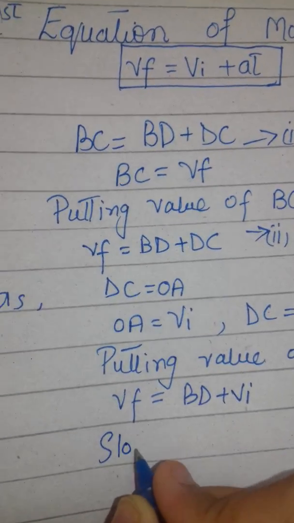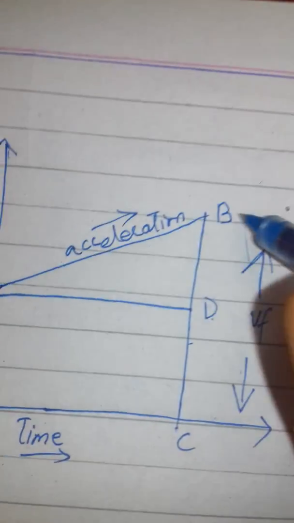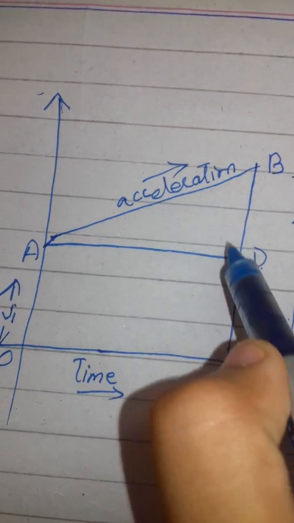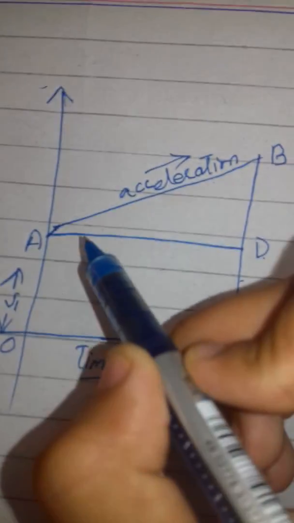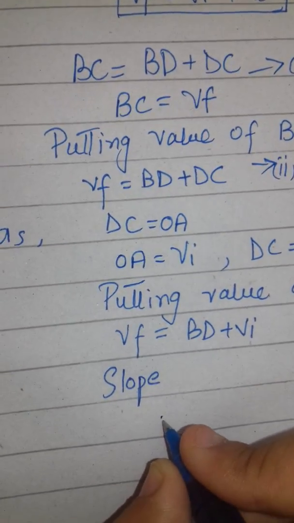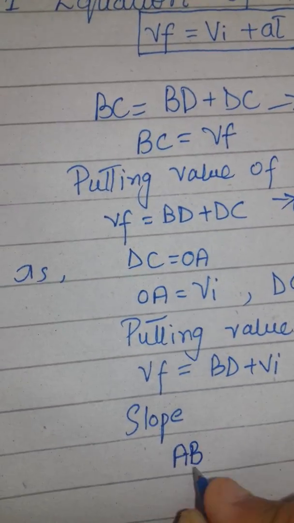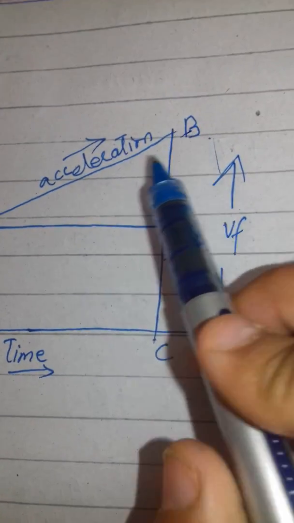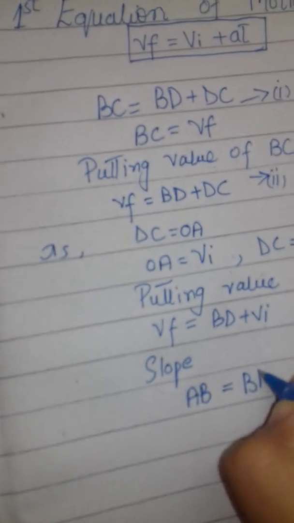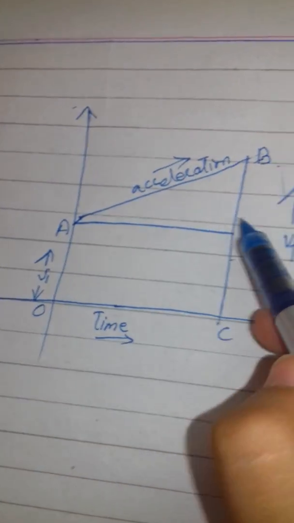Now I'm going to take the slope, because you can see that from point B to D we can take the slope. So the slope of AB is BD divided by AD.